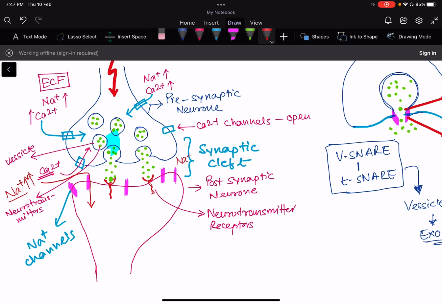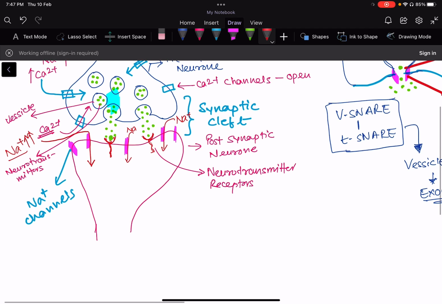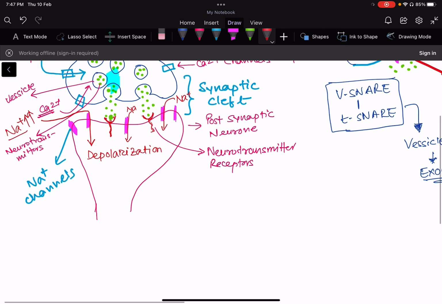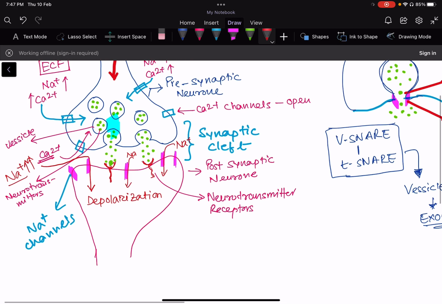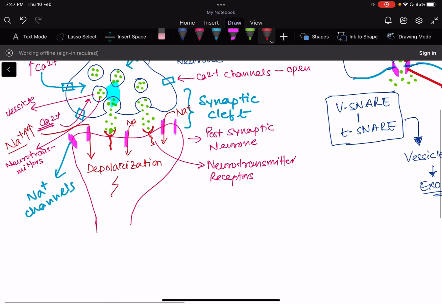And when sodium enters through this channel, depolarization happens. Due to this depolarization, this postsynaptic neuron becomes excited, and then maybe an action potential will be generated.